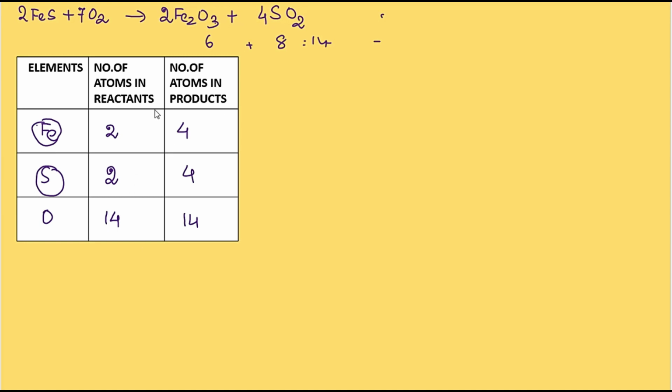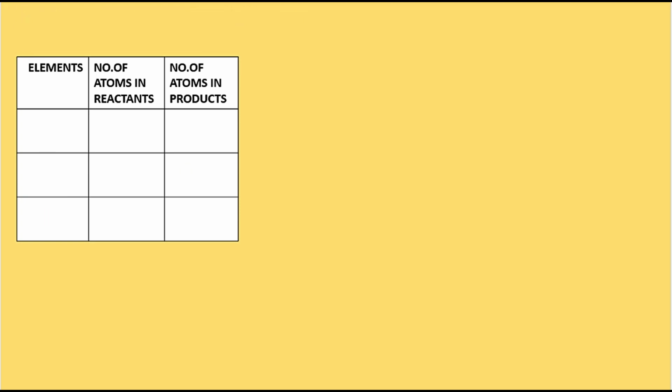So on the reactant side, if we multiply FeS with 2, then it will become 4 atoms for iron as well as for sulfur. So let's write down the updated equation once again. It becomes twice FeS plus 7O2 gives twice Fe2O3 plus 4SO2.